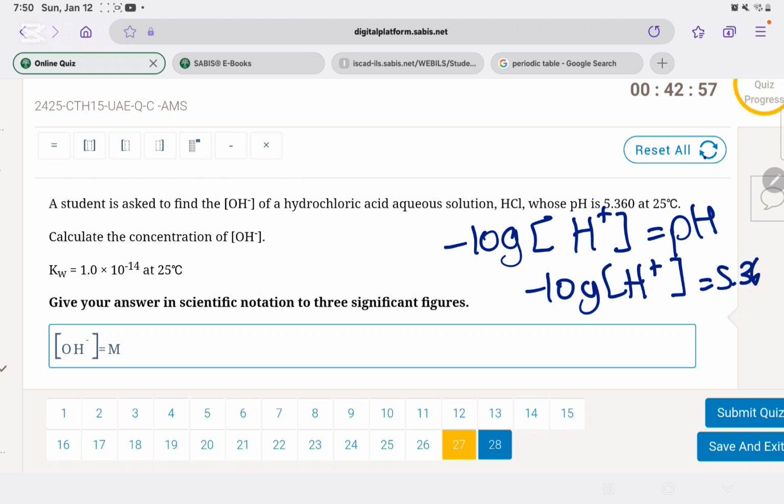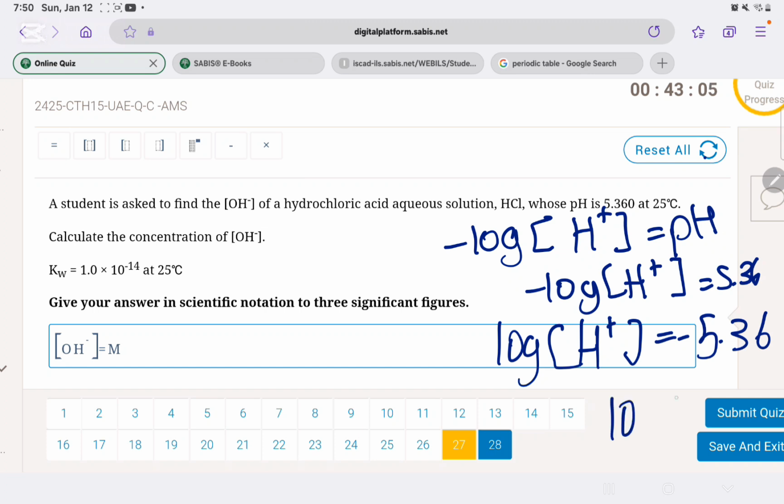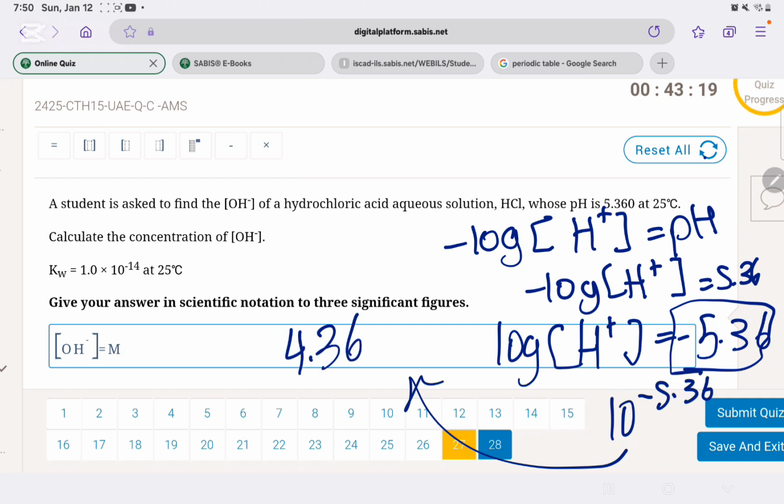Now we multiply both sides by the negative, so log H plus is equal to negative 5.36, and then we do 10 to the power of this number, so negative 5.36. Now I lost my calculator, so I don't know the exact number, but I remember it started with like 4.36 times 10 to the power of negative 6, I think, something like that.